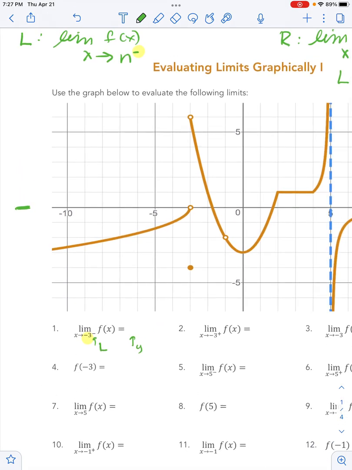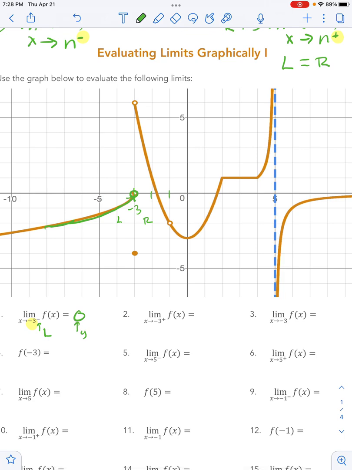So the first thing I would do is go to my graph and go to -1, -2, -3 on the x, since that's what I'm approaching. If you go to the left of that rather than to the right, you would be over here on this piece of graph. And you're going towards that x of -3, wondering what y value you are approaching? And you're approaching 0.